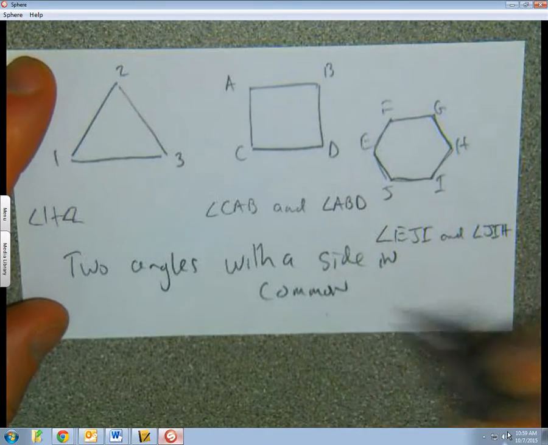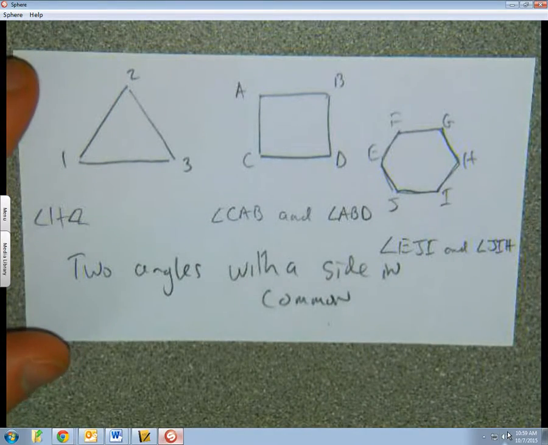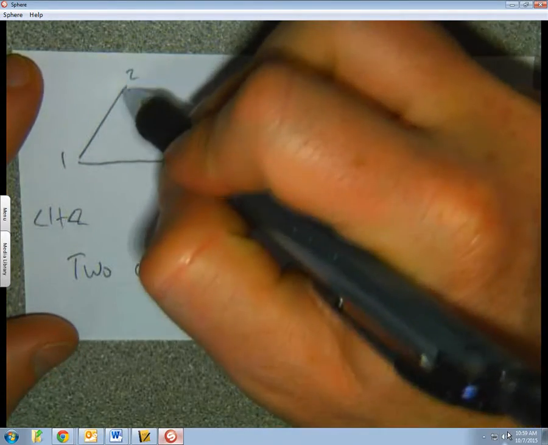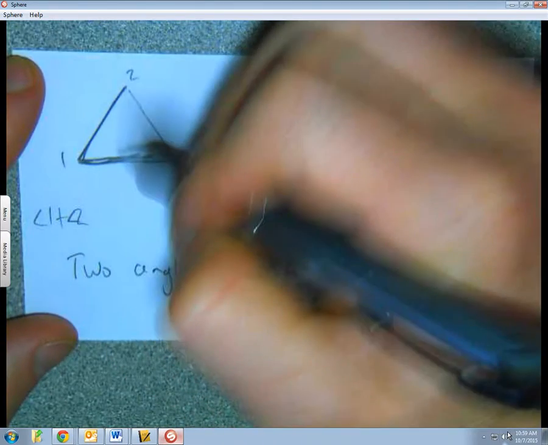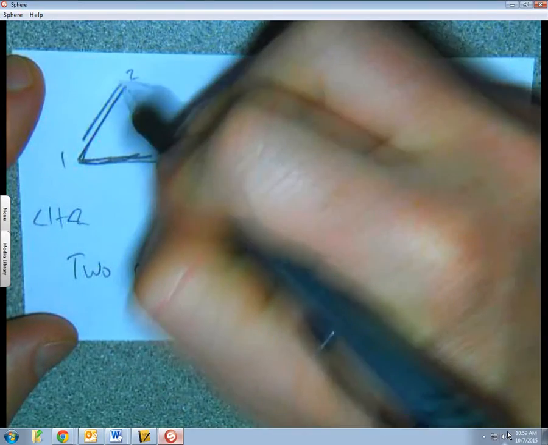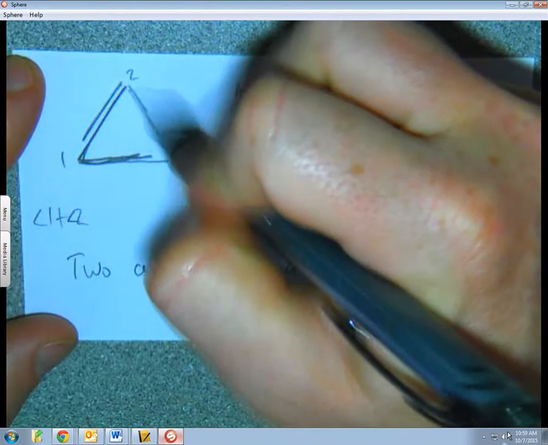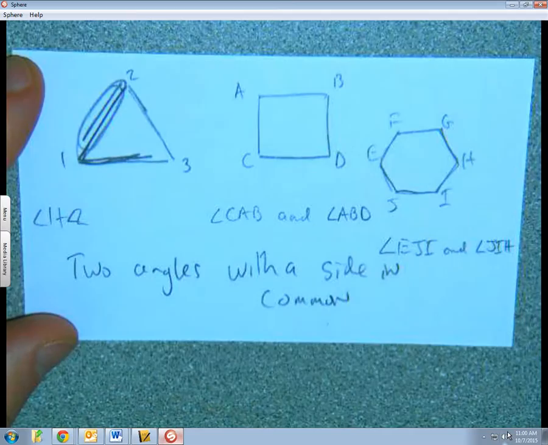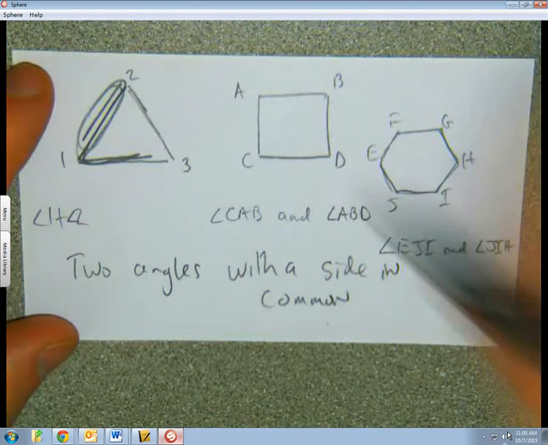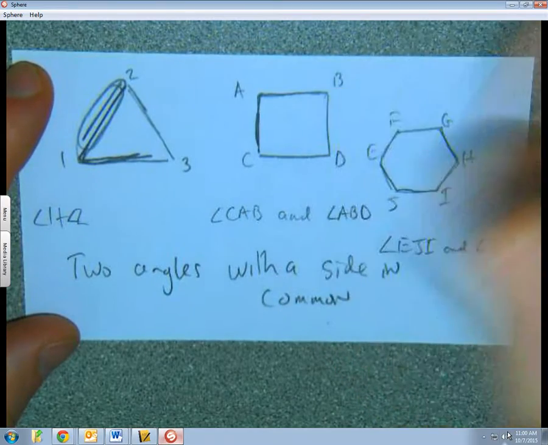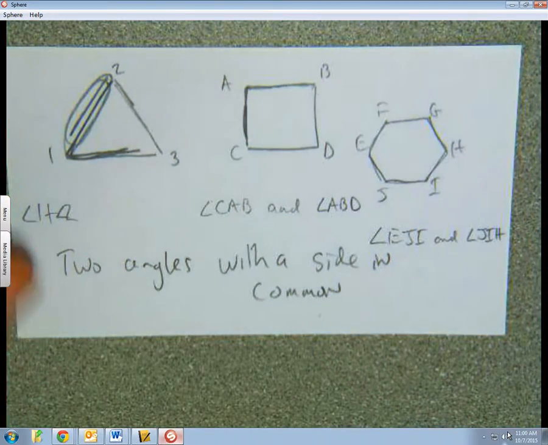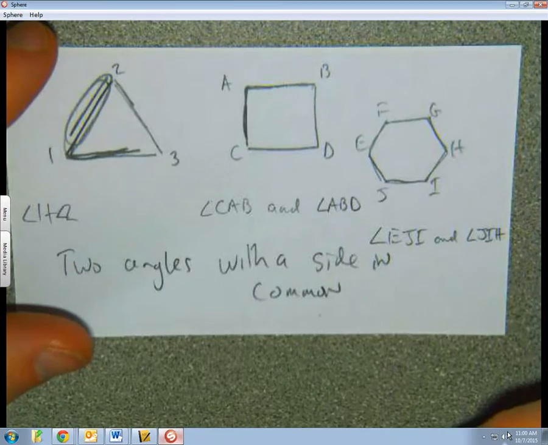Okay, and just like I always encourage you to draw pictures. If you did angle 1 right there, and then we did angle 2, you can see that they share that side. And CAB is right here. Okay, and then we get all high tech. ABD is right here.